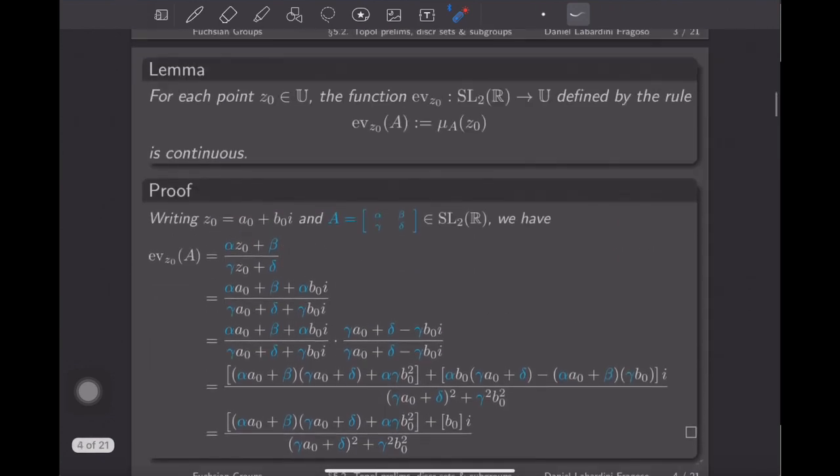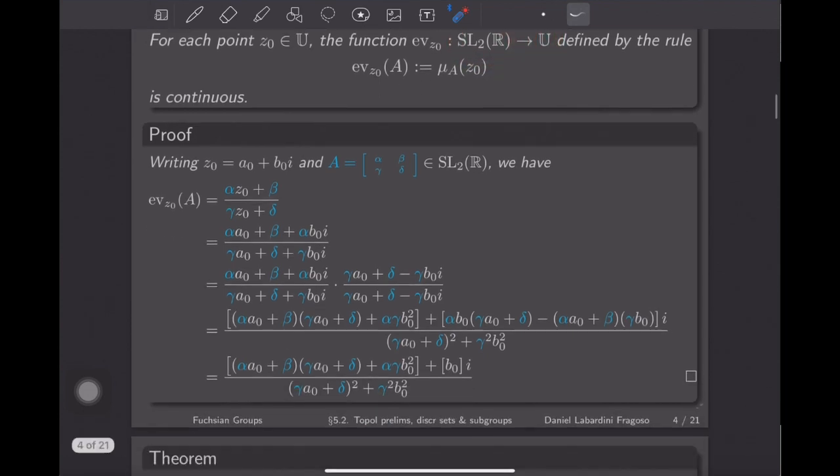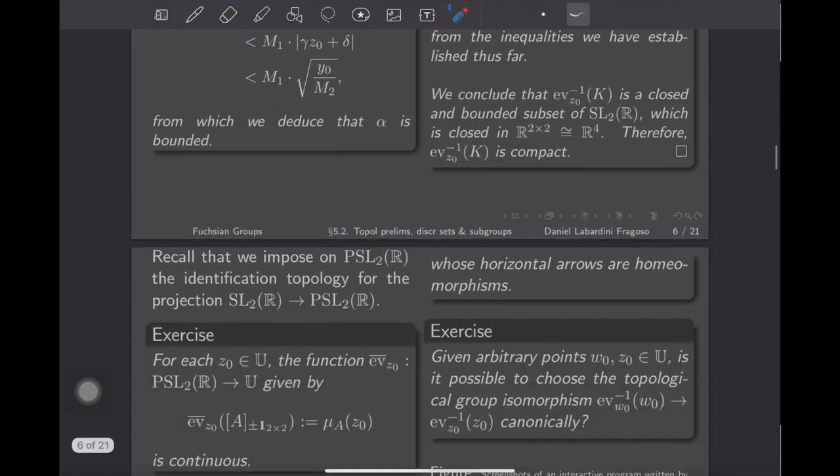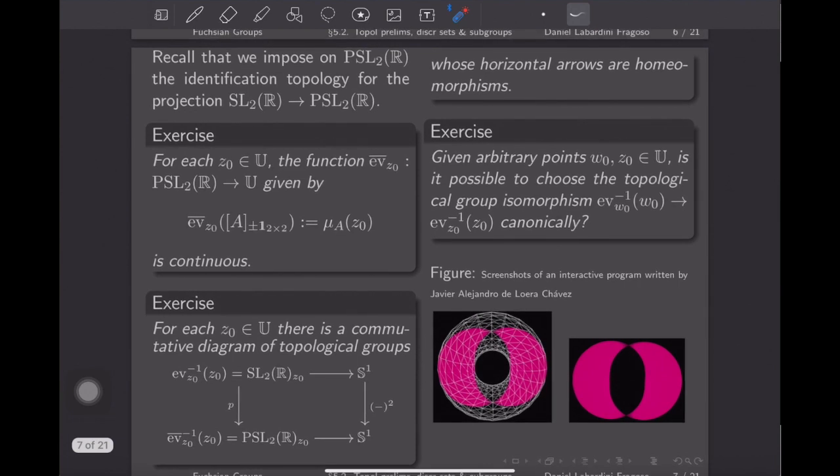Here we showed that the evaluation map from SL2R to U is continuous, and now the exercise just asks to show that if we move on to PSL2R, the same is true, with the same type of evaluation. Actually, there's some commutative diagram there.